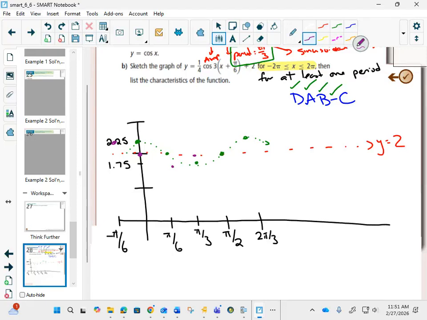Move this one over, move this one over. This is my final graph.